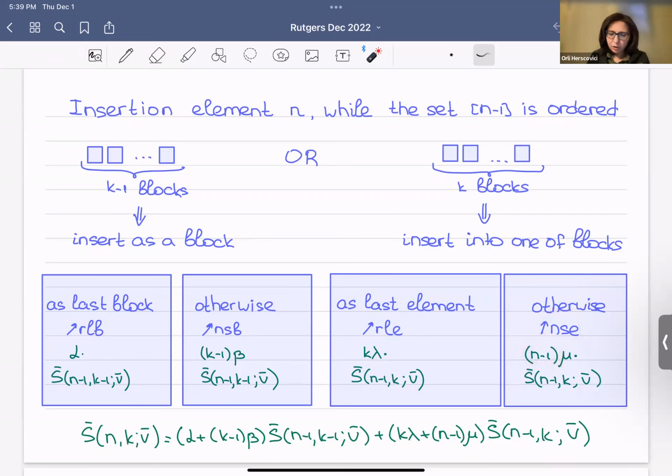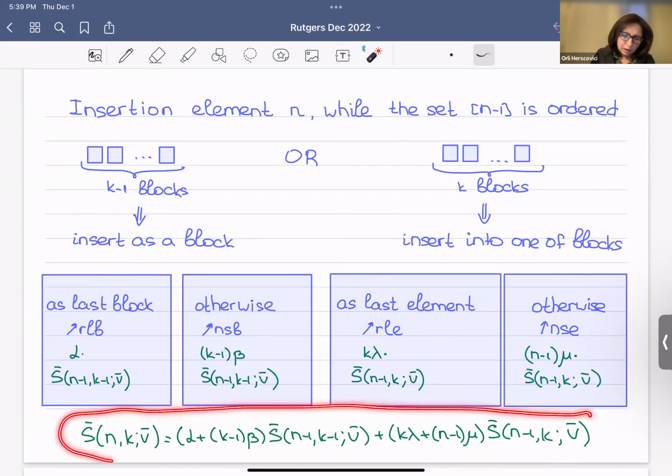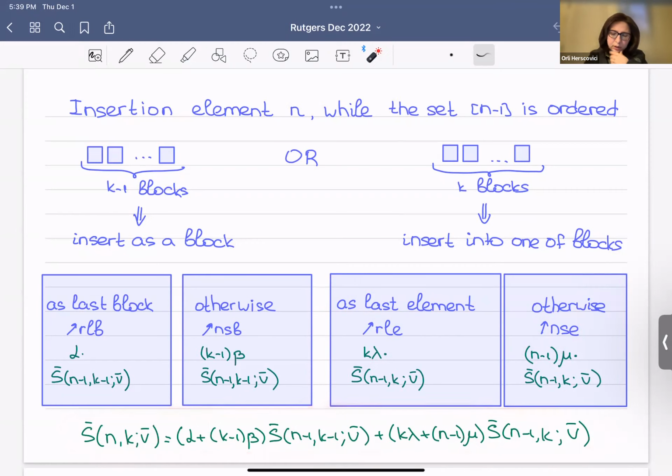So summing up all our chances, we get this recurrence relation. And here we can also see how the statistics RLB, NSB and RLE, NSE are complementary to each other. And this is exactly the recurrence relation that we got before.